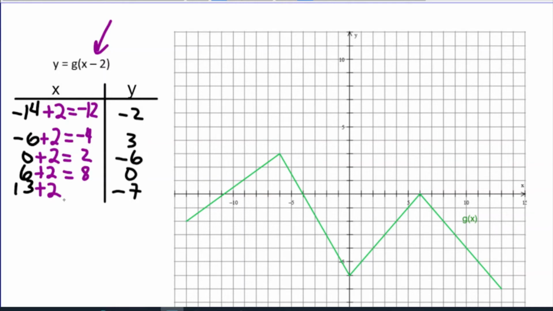And do the same for all the rest. And again, using these new coordinates, I can plot them, or I can just move all the points to the right by 2. Like so.